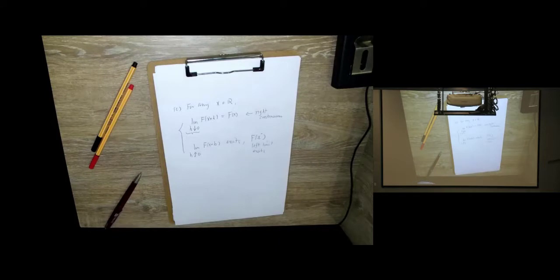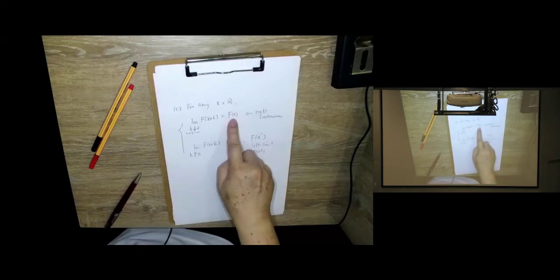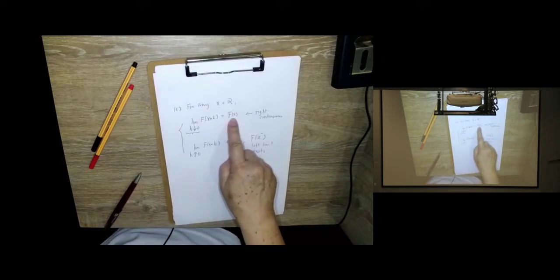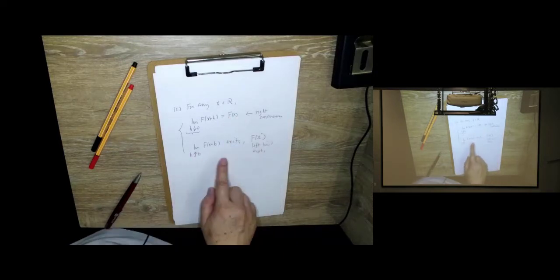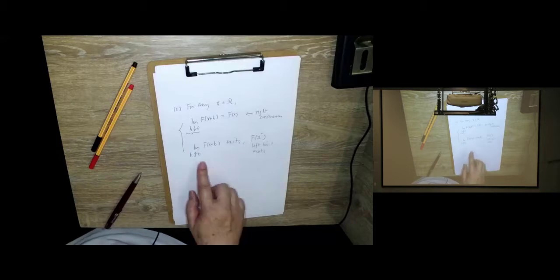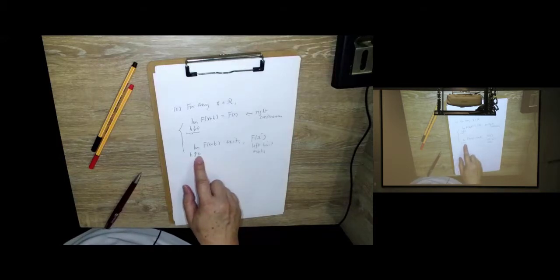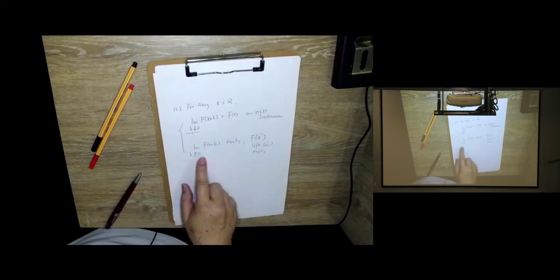So you imagine you are walking along the curve from the right-hand side of x. You will reach the value f of x, which is the value that you assign by the function at x. But if you are walking from the left-hand side of x, because h is negative, h is getting closer and closer to 0, but it's going up. So that means h is negative.